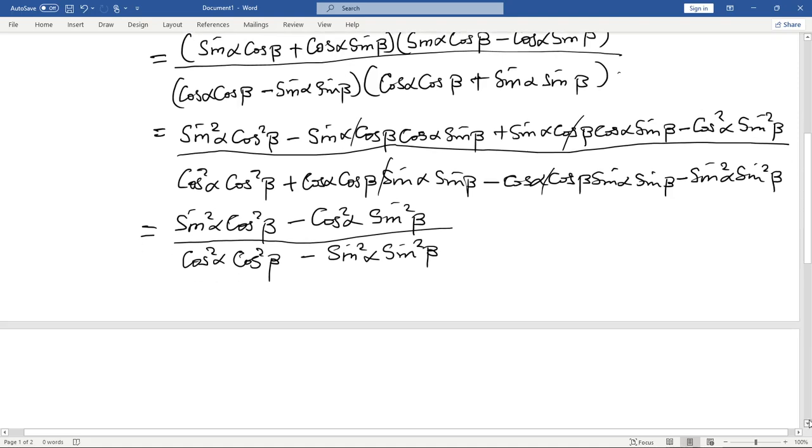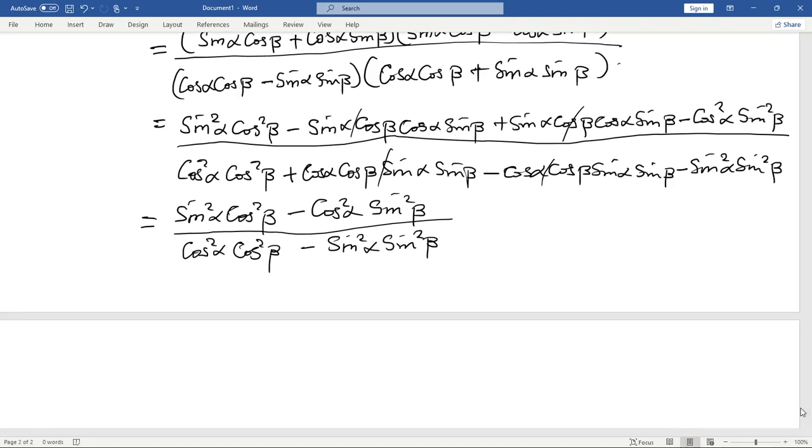Now, here, to get the desired result, what we're simply going to do is divide throughout by cos squared alpha and cos squared beta. So I say dividing throughout here.